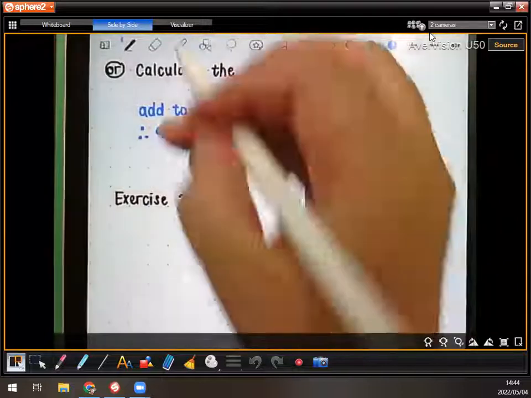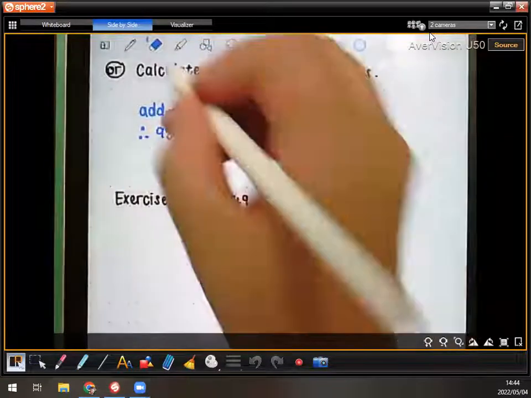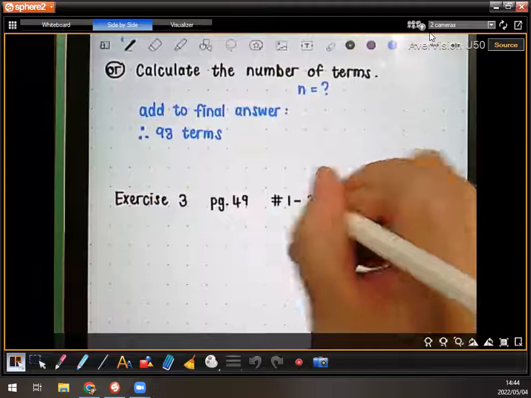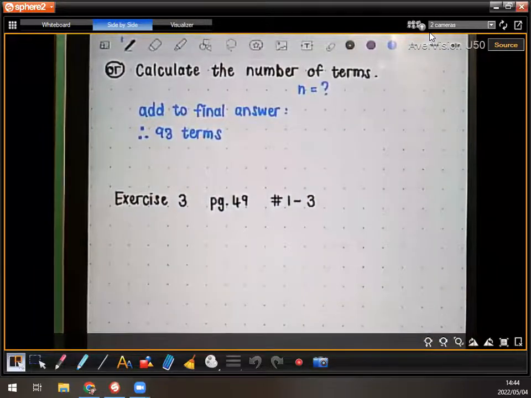I'd rather just make it 1 to 3. I'll put it on the board now, and then I'll also just explain to you.